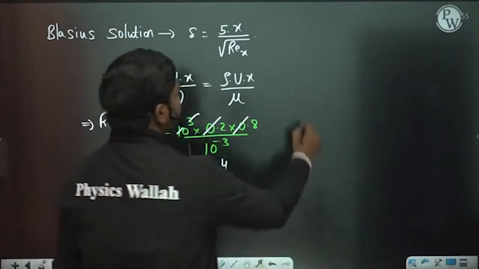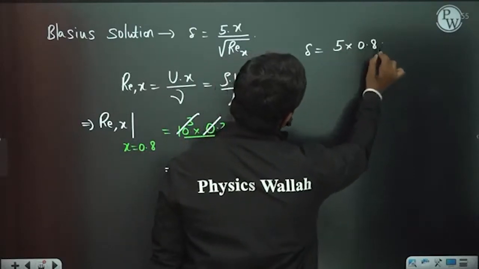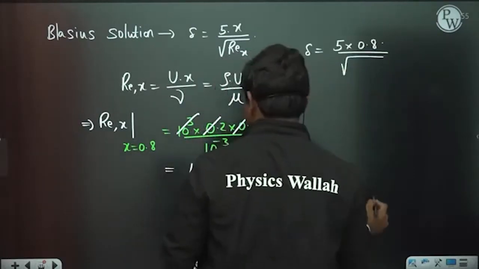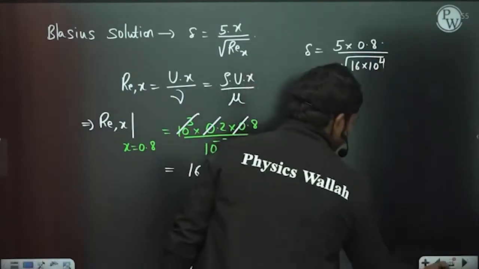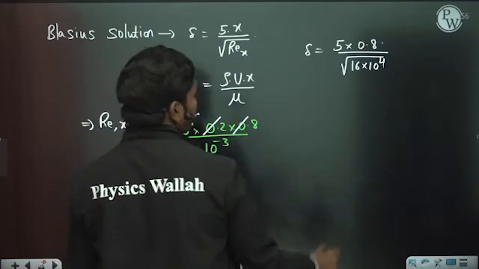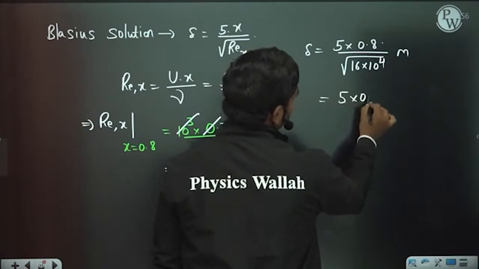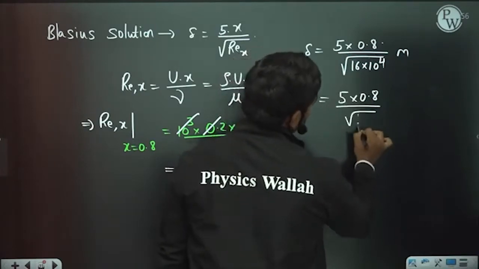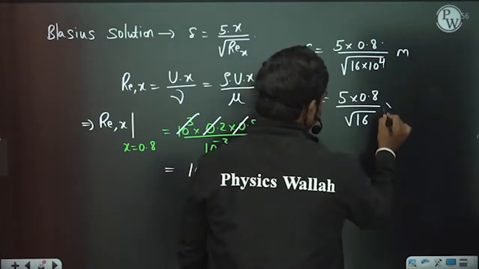If you supply it here, delta at this location is equal to 5 into 0.8 divided by the square root of 16 into 10^4. This value is in meters, but they are asking for the final answer in mm, so you need to multiply by 10^3.